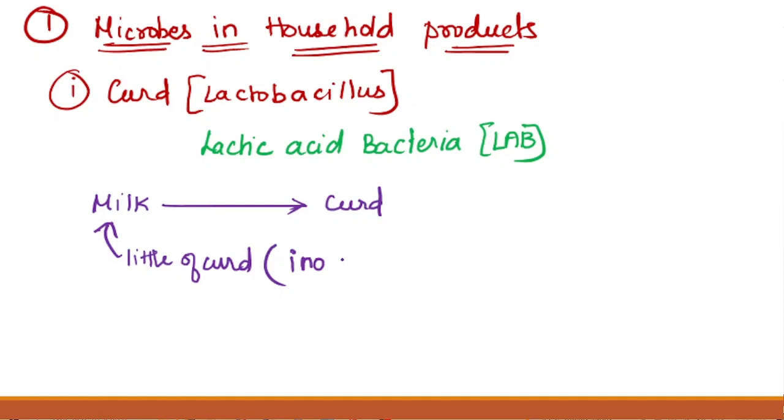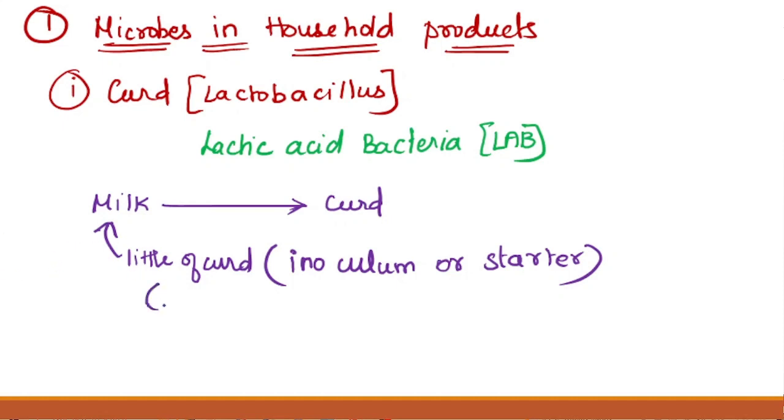The milk to which a little curd is added, that little amount of curd is called inoculum or starter. It initiates the process and a lot of lactic acid bacteria start to grow, due to which the milk is converted into curd.